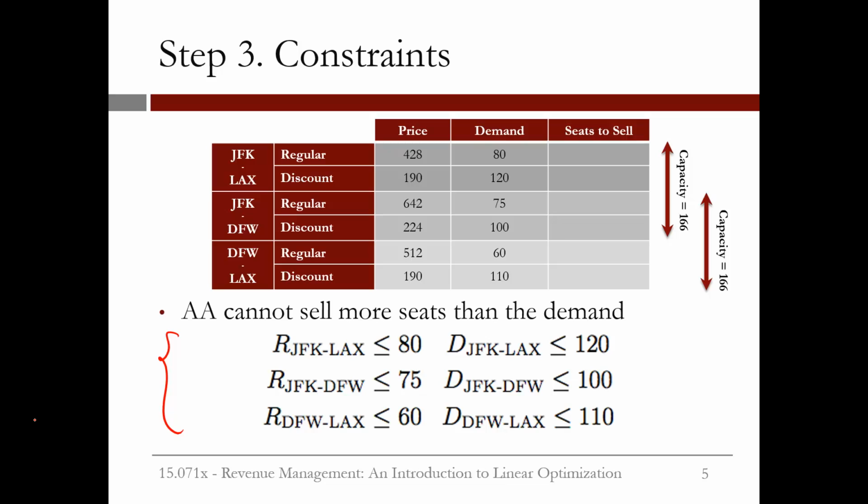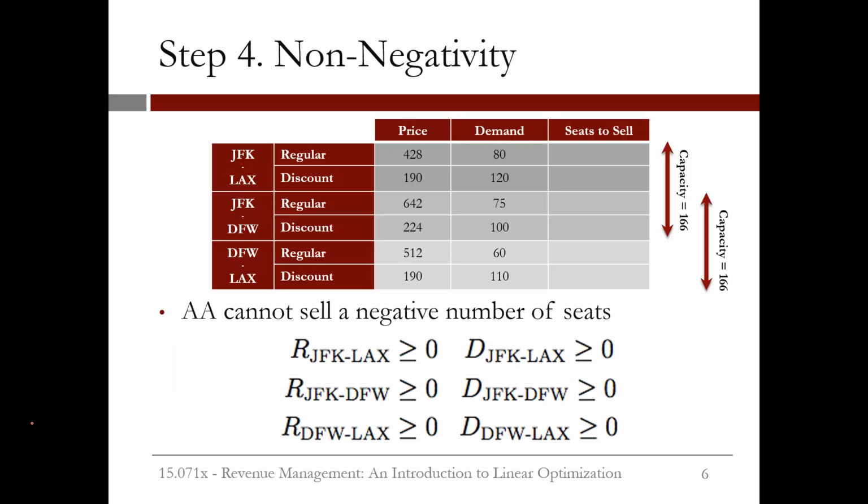The number of seats sold should not exceed the forecasted demand for each type. Lastly, we can't sell a negative number of seats, so we have our non-negativity constraints to prevent the variables from being negative. Let's now go to LibreOffice and adjust our formulation to solve this bigger problem.